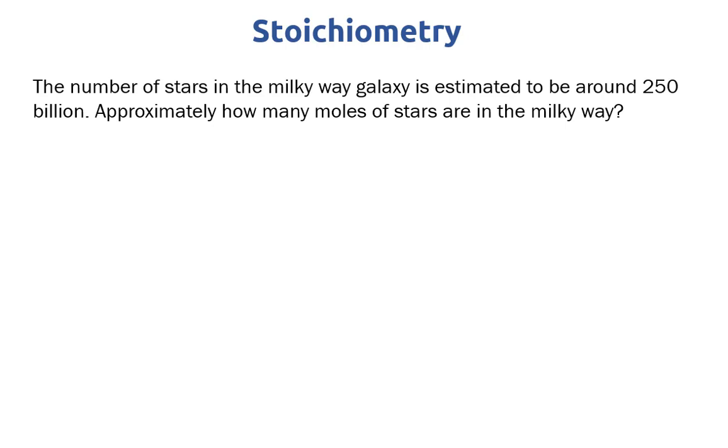So the first thing we're going to do is remember that we are trying to figure out how many moles there are. So if we're converting a quantity into moles, we need to remember how many objects goes in 1 mole. So there are 6.02 times 10 to the 23 stars in 1 mole. That's our ratio of stars to moles.